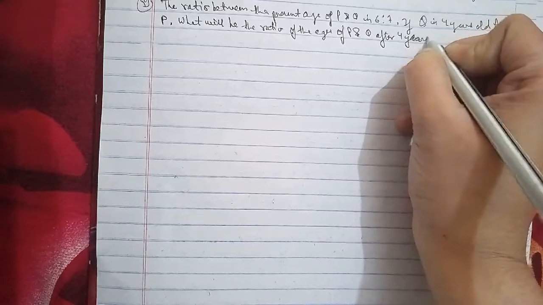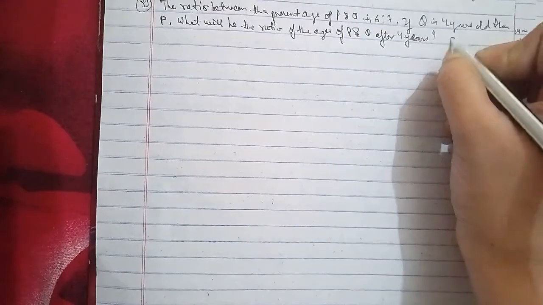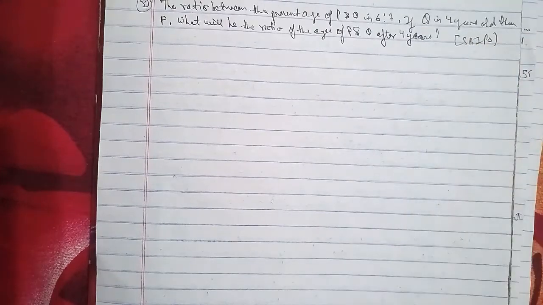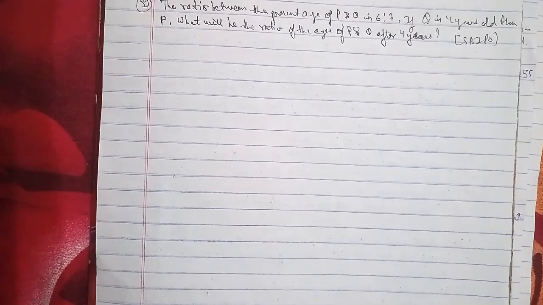This has been asked in the SBI PO question paper. That is also an important one. The options we have: 3:4, 3:5, 4:3, data inadequate, and none of these.